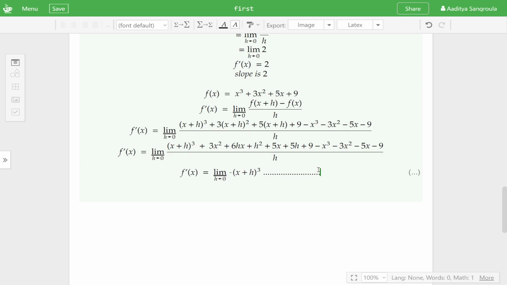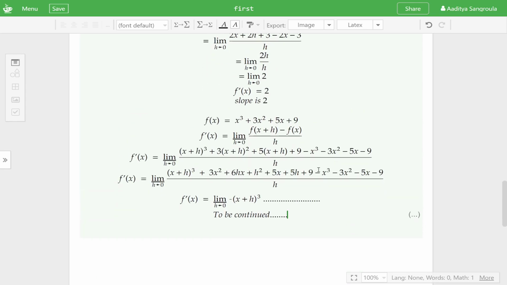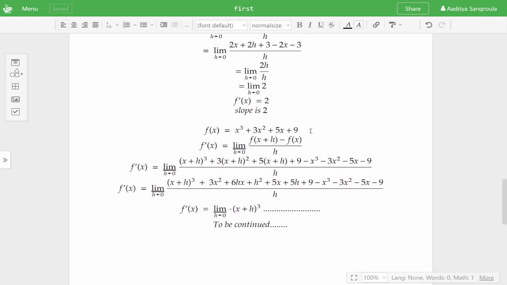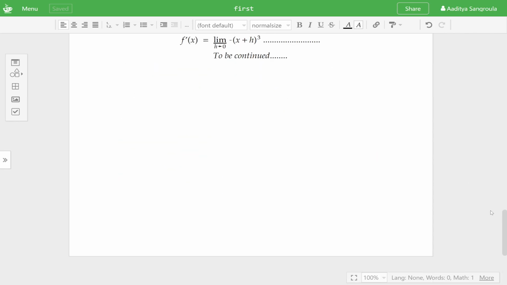So let's keep it to be continued. If we now expand this one, it's going to get very long, and we have to think a lot about how to solve this. Differentiating this function with the limit definition is going to take a lot of time.